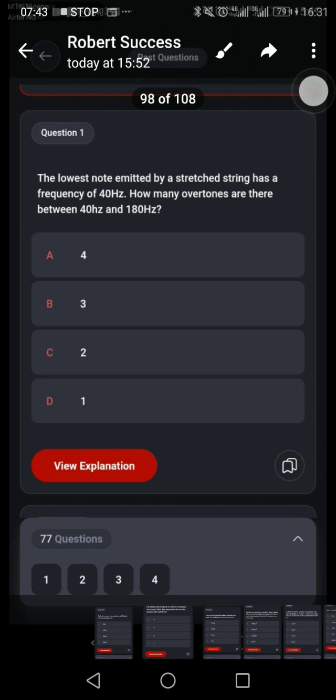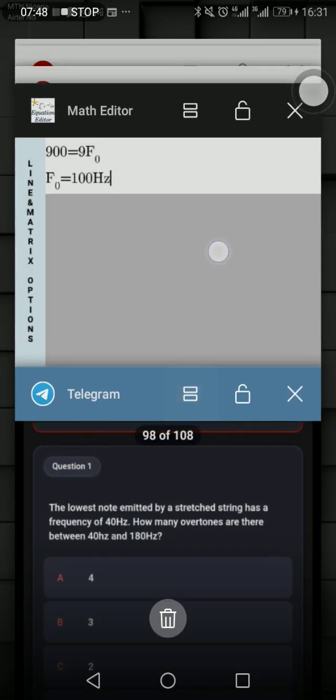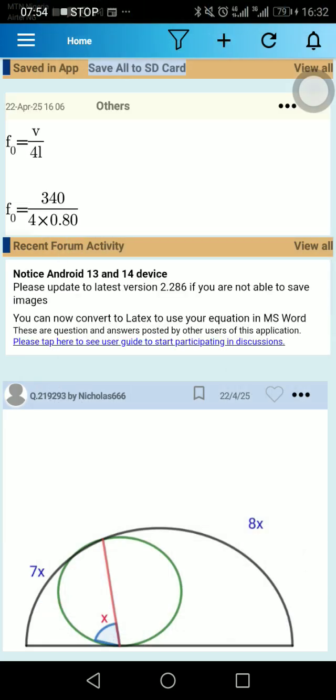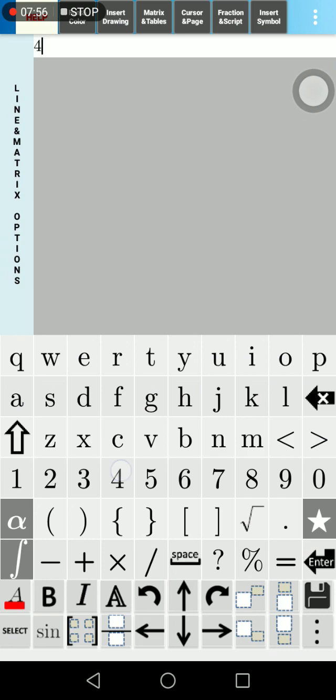So between 40 and 180, these are the numbers you will have. 40 is the fundamental, and you're not counting the fundamental as part of the overtones. If it was harmonics you would count the fundamental, but overtones must be over the fundamental.